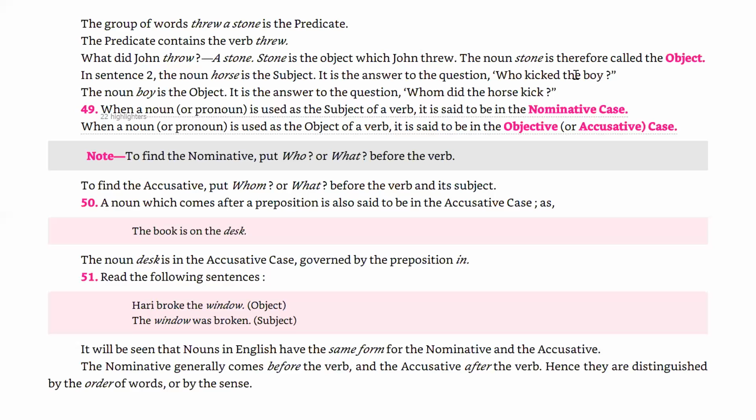Here the window is not an object. It is a subject. Because if you ask the question, what was broken? The answer would be the window was broken. Clear? It will be seen that nouns in English have the same form for nominative and accusative.